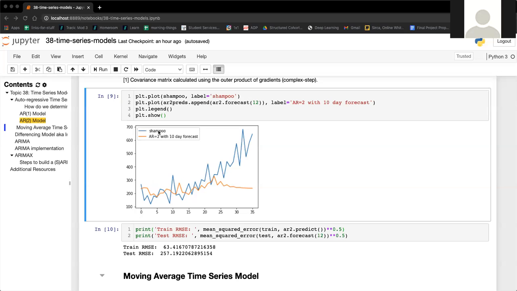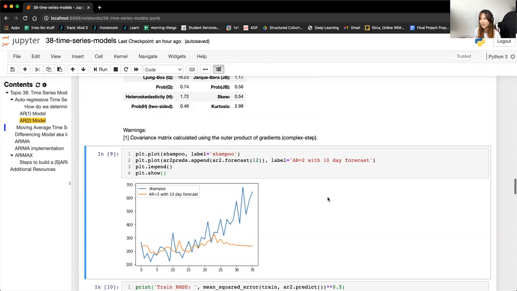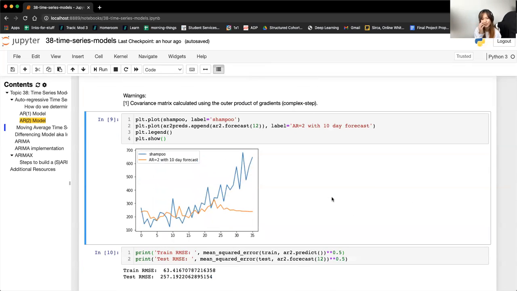So are we looking for the orange line to match the blue line? Yes, we want the orange line to match the blue line. If the orange line matches the blue line, that just means that our model is fitting the data better. And just keep in mind, similar to a linear regression, the only 2 features we're using are data from the day before and data from 2 days before.